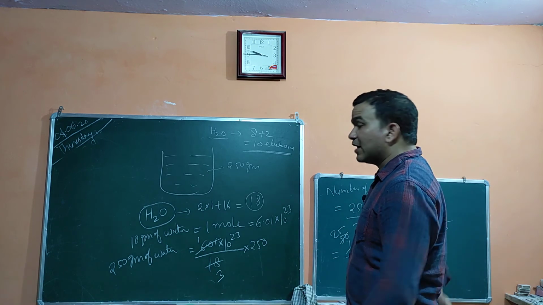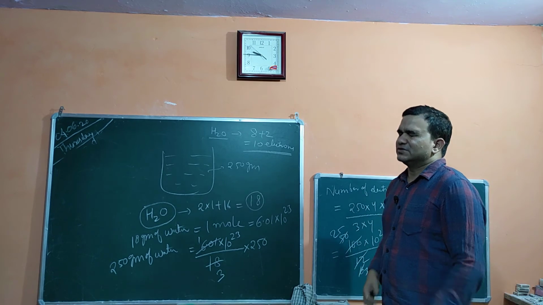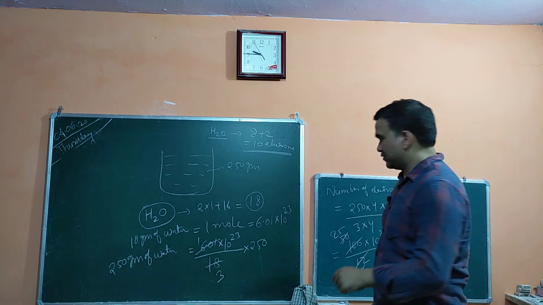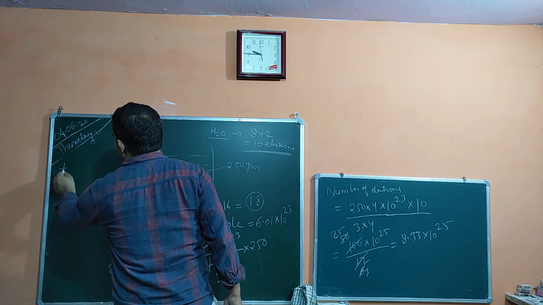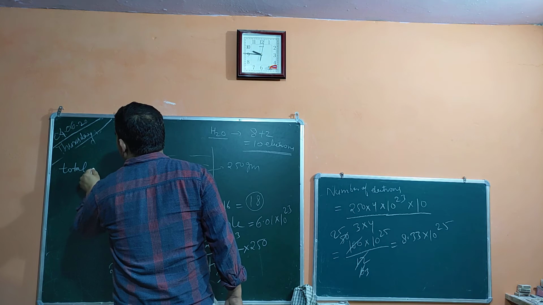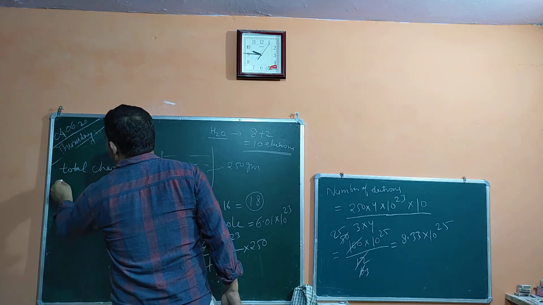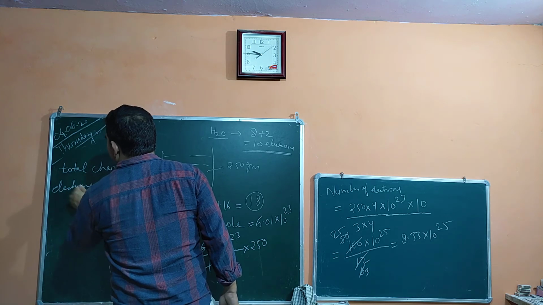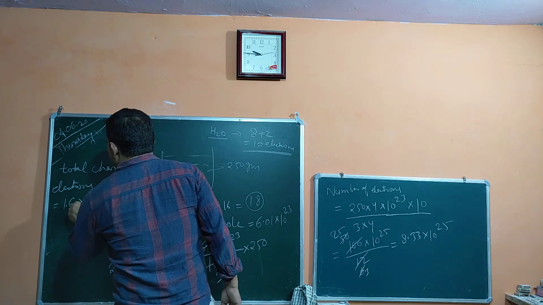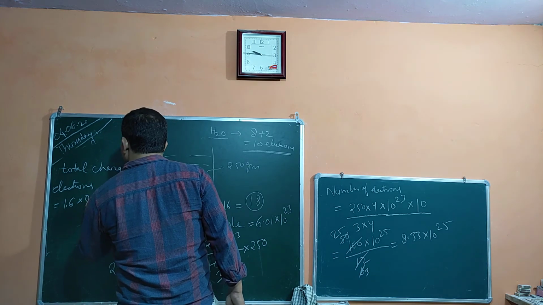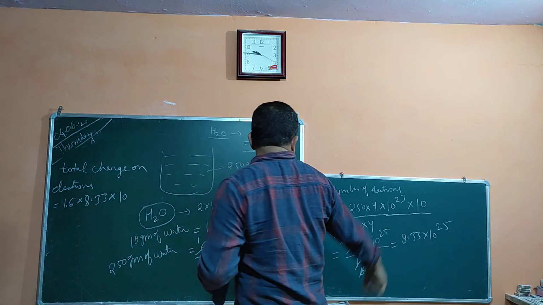So one electron has how much charge? 1.6 into 10 to the power minus 19. So the total charge on electrons is 1.6 into 8.33 into 10 to the power minus 19 and 10 to the power 25.